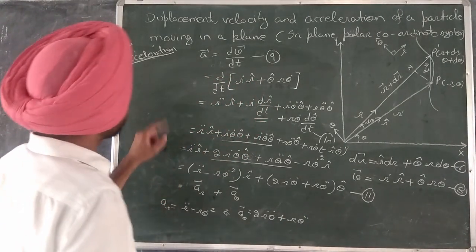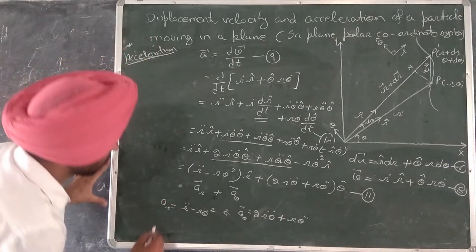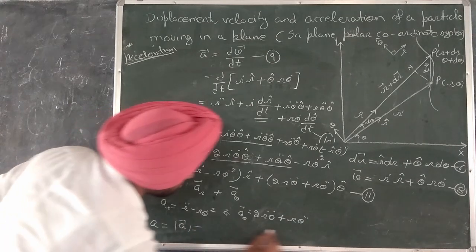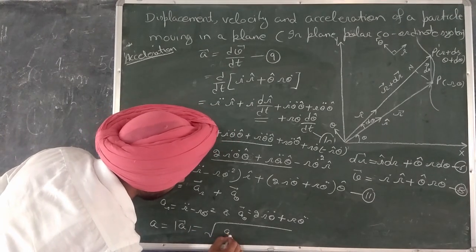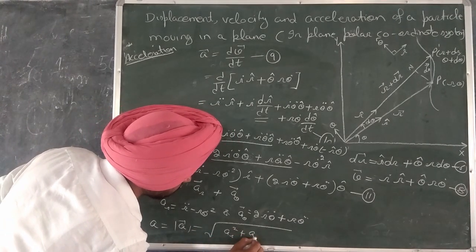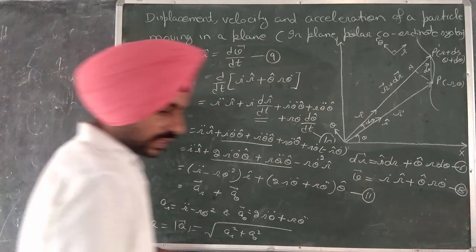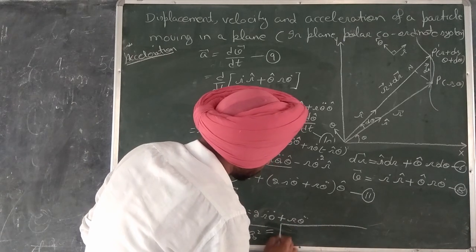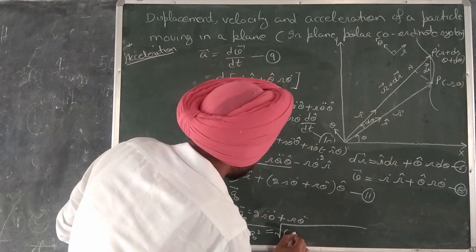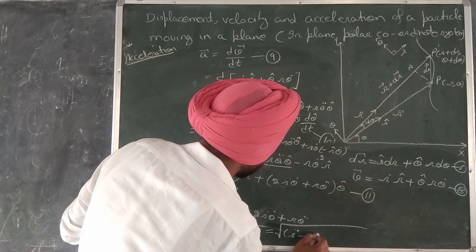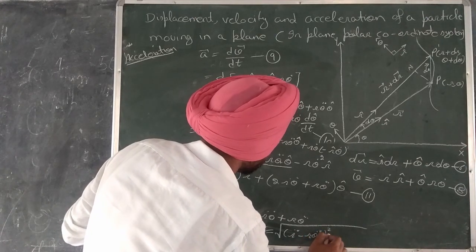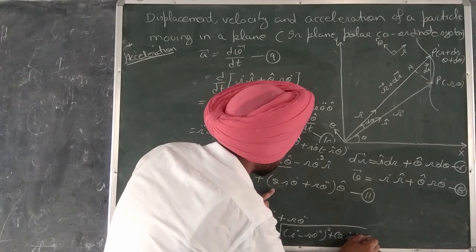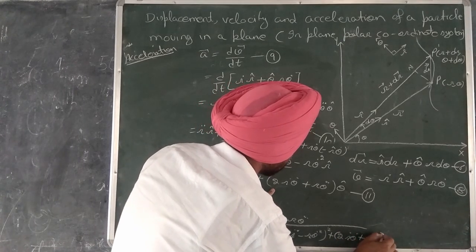So in terms of magnitude, acceleration a is the square root of ar square plus a theta square, or you can write it as r double dot minus r theta dot square, whole square, plus 2 r dot theta dot plus r theta double dot, whole square.